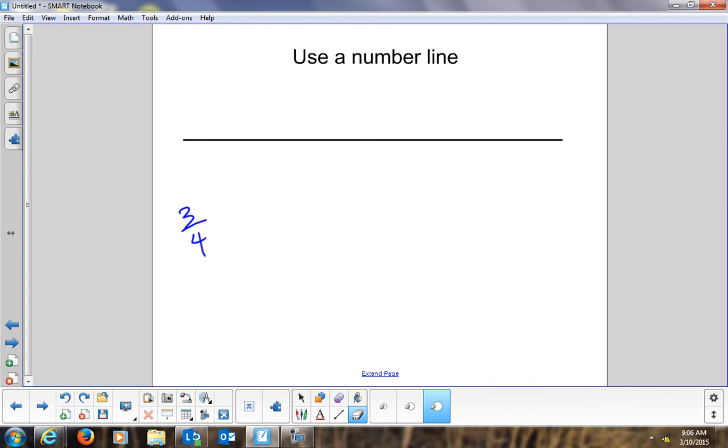Let's see how many 3/4 we have. So we have 1/4, 2/4, 3/4, 4/4, and on and on.